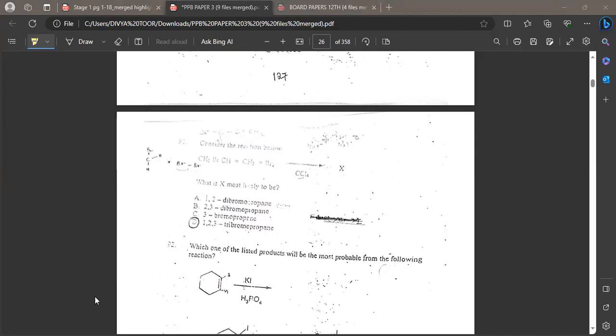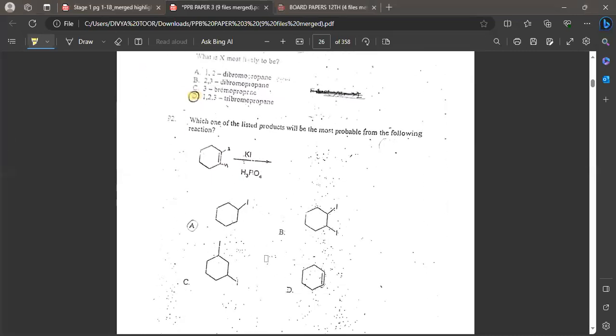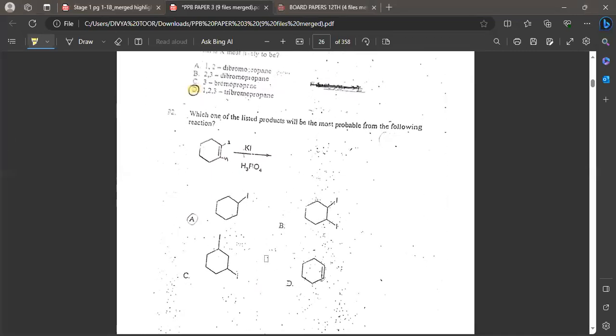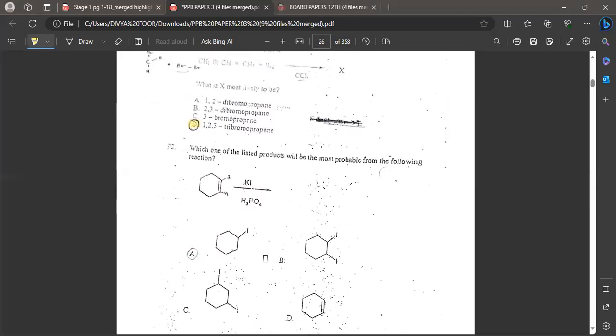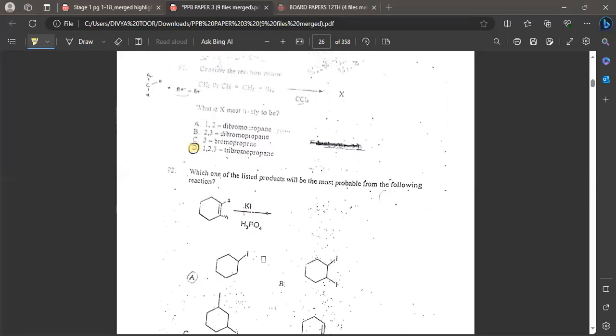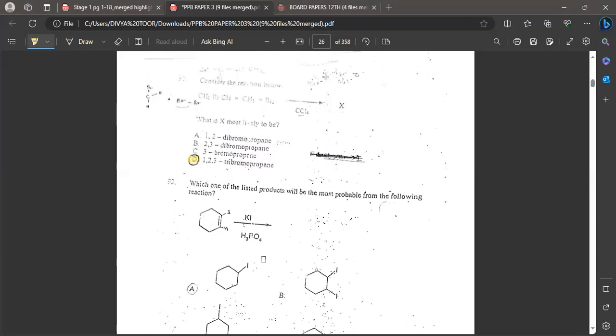Yeah, for it, both the bromines are added, because it's an alkene. So D would be the answer. But in such types of reactions, do both get added?